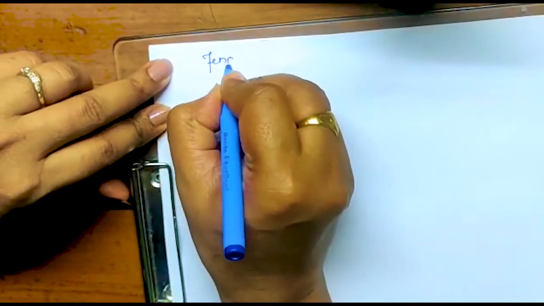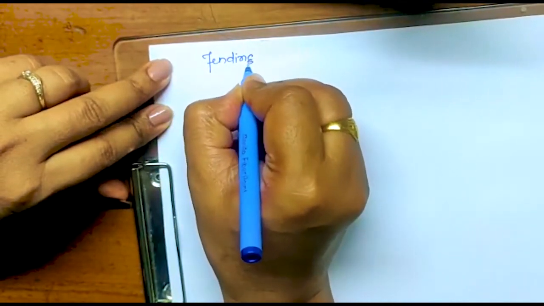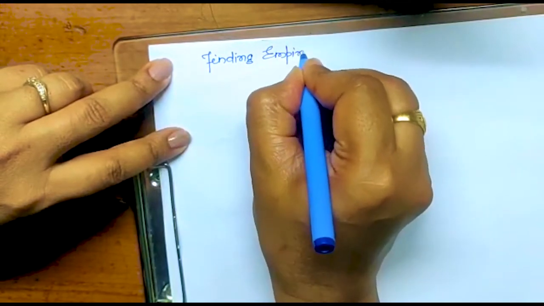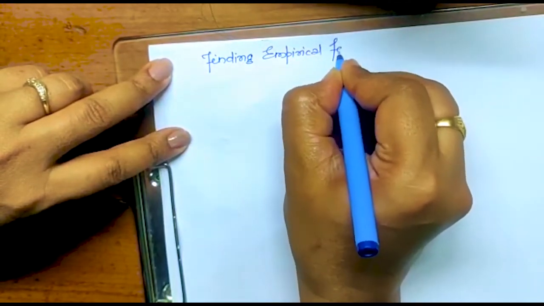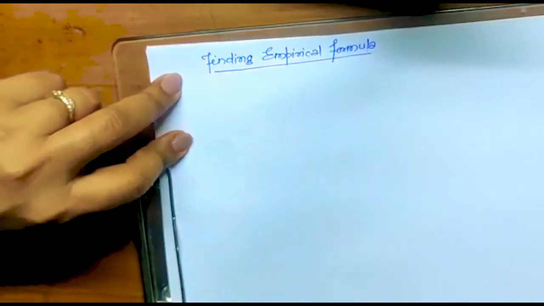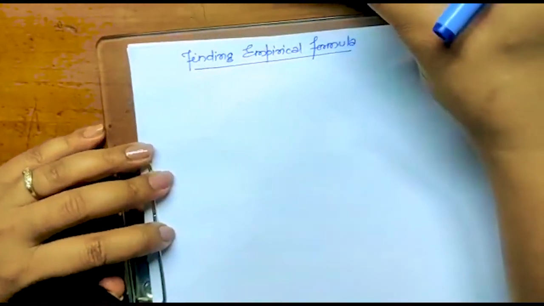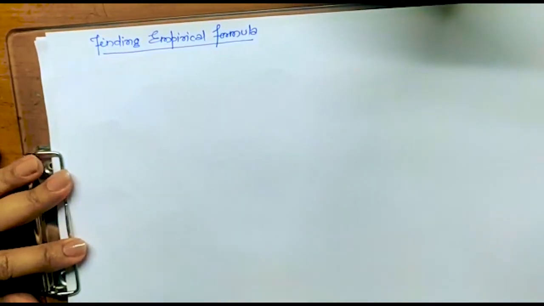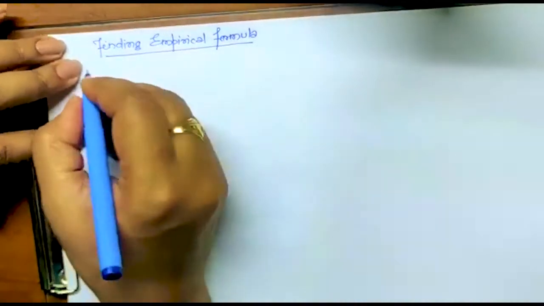Let's give the heading: finding empirical formula. For this you are always supposed to work in a table form. There are many ways given, but you have to use the tabular form. How to write this? You have to make the table.